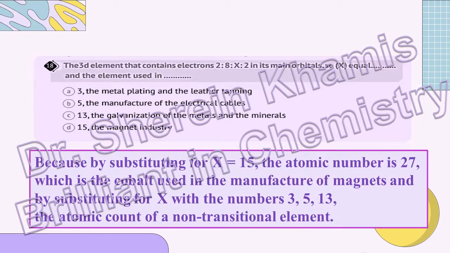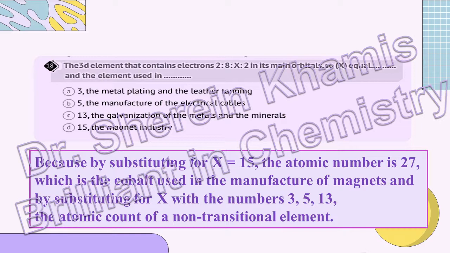If we substitute x with 15, we have the atomic number, which will be 27. The 3D element will be present in the 3D series.